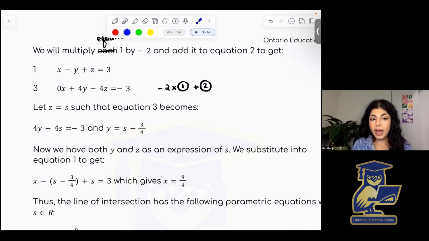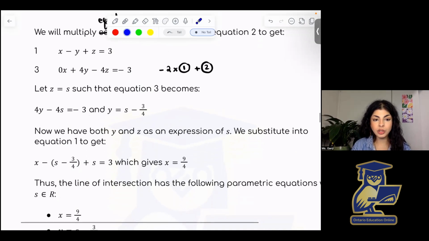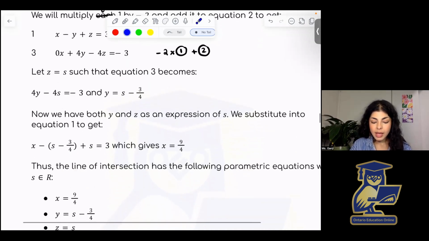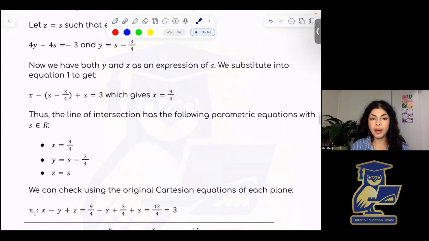Now, I substitute this into equation 1, and remember, z is s, and this is y in terms of s, then I get x is equal to 9 over 4. And the two s's do cancel each other out, so x is just 9 over 4. Then we can write the parametric equation of the line of intersection.